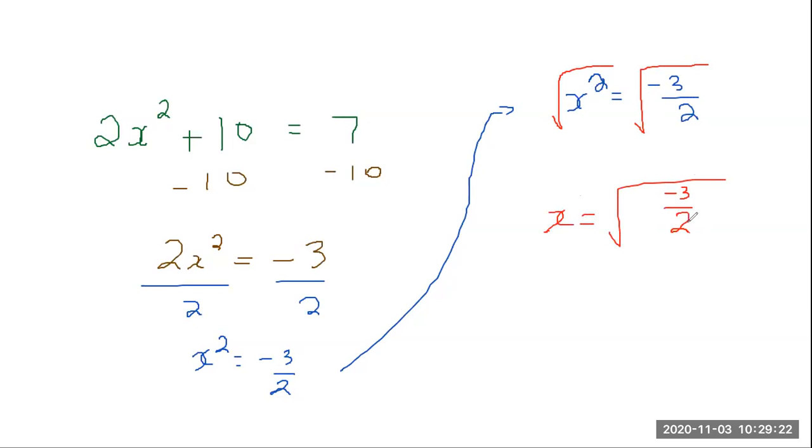But we can't really find the square root of a negative number, so let's go ahead and split this up: the square root of 3/2 times the square root of -1. So x is equal to the square root of 3/2 times I.